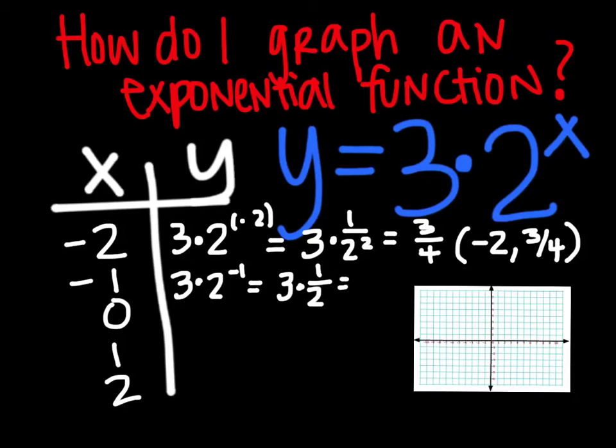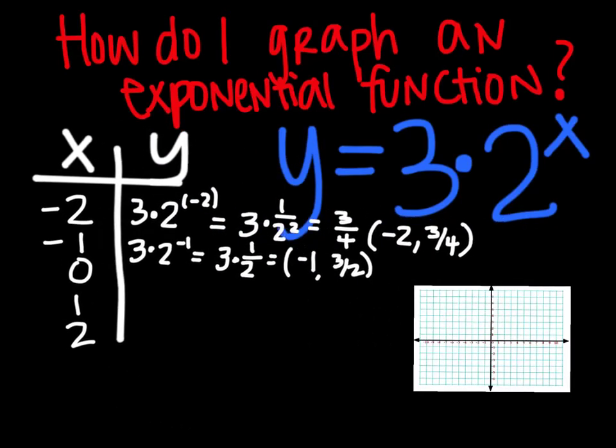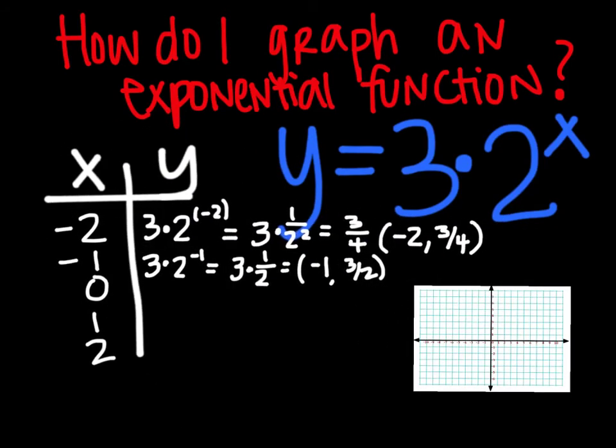Your coordinate then becomes -1 and then 3/2. Then 0, so 3 times 2 to the 0 power will give you 3 times 1, which is just 3. So then my coordinate is 0, 3.